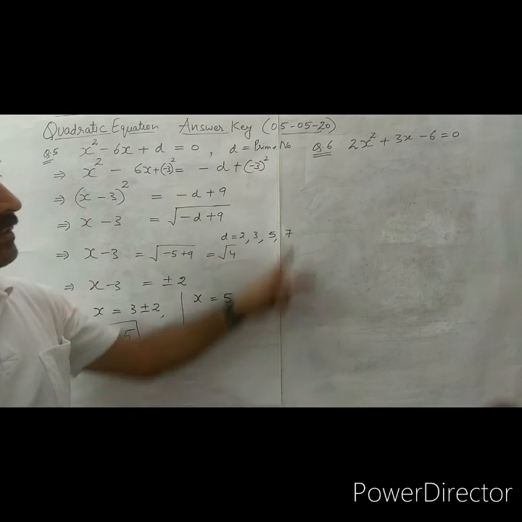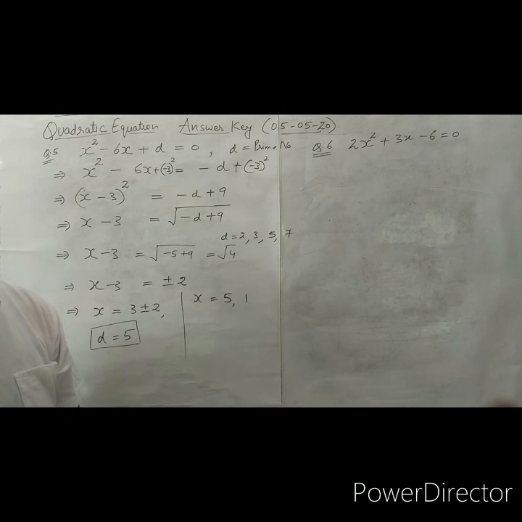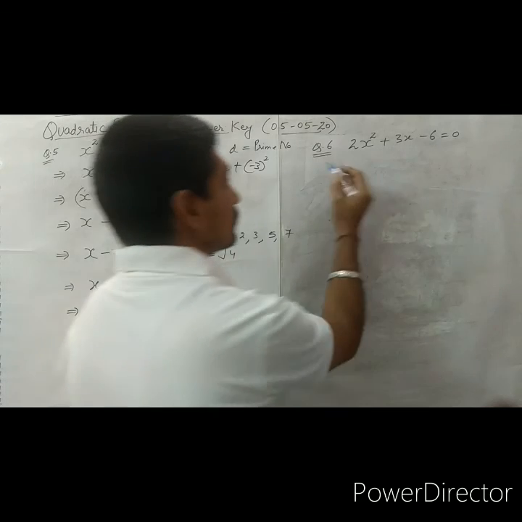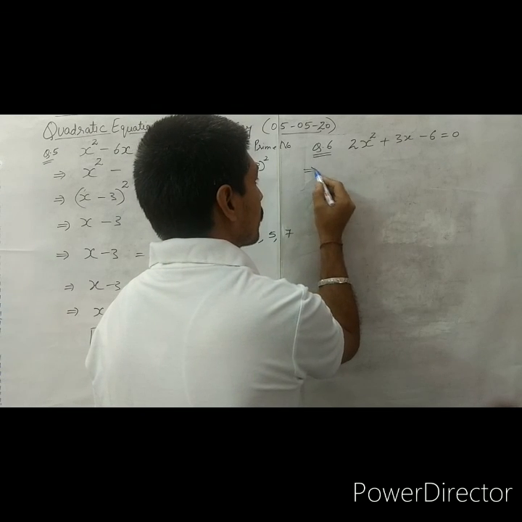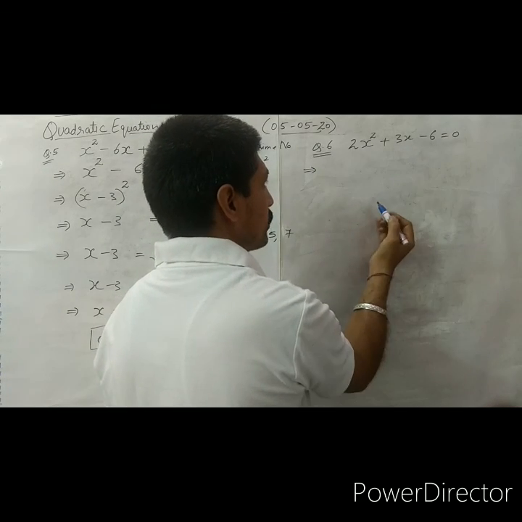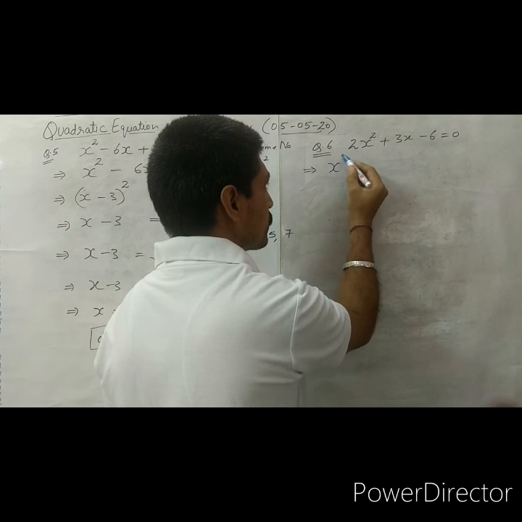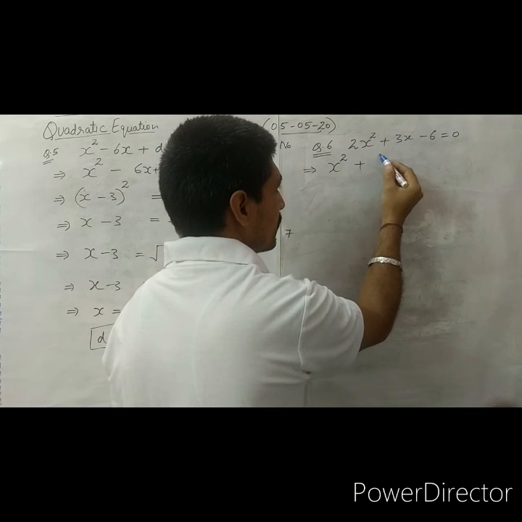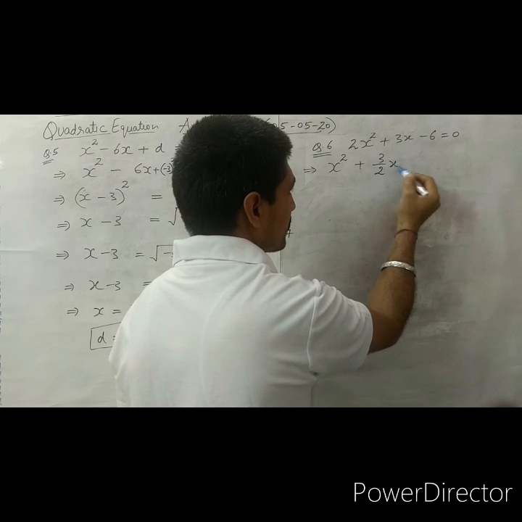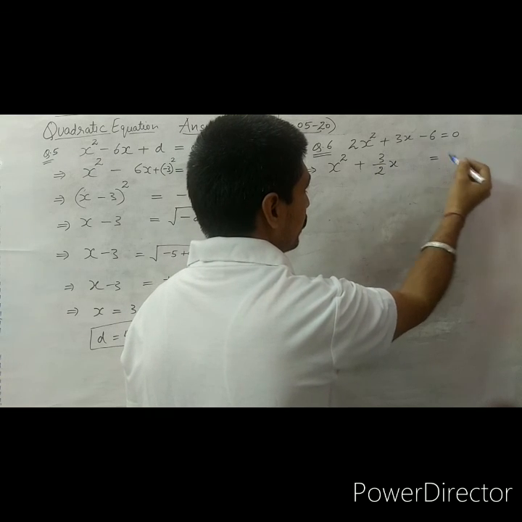Again, if we are going with the completing square method here, divide the whole equation by 2: x square plus 3 by 2 x is equal to 3.